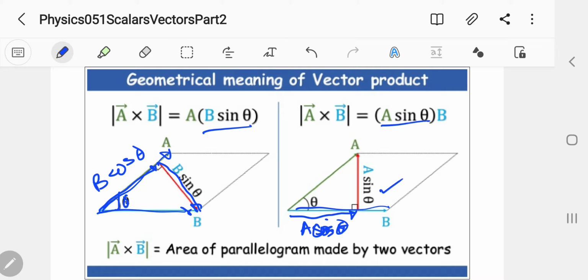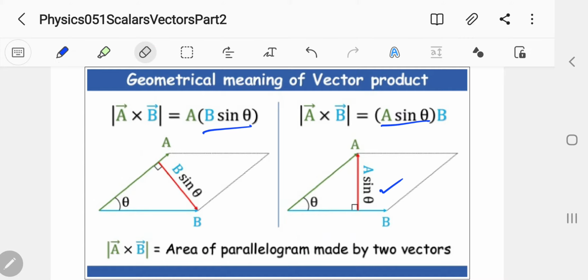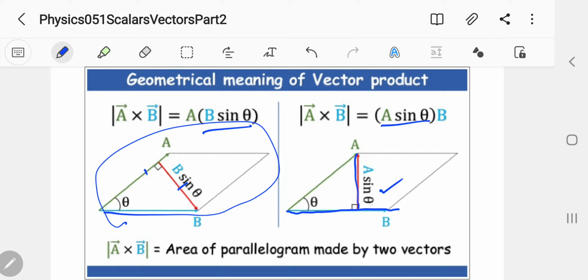So as you can see, if you reorient this and multiply this one and this one, it gives you the area of this parallelogram. You can see it better here. If you multiply B and A sine theta, this is just the area. This is the formula for the area of a parallelogram, the base times the height.